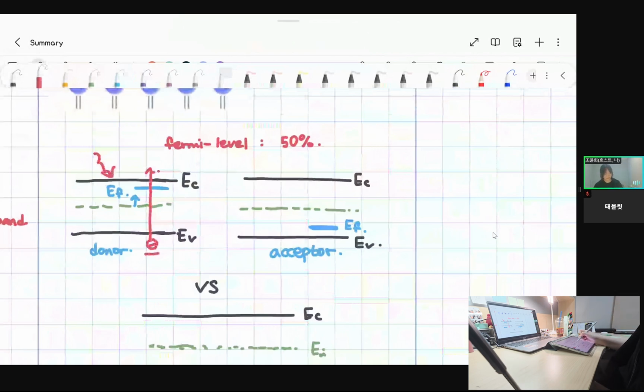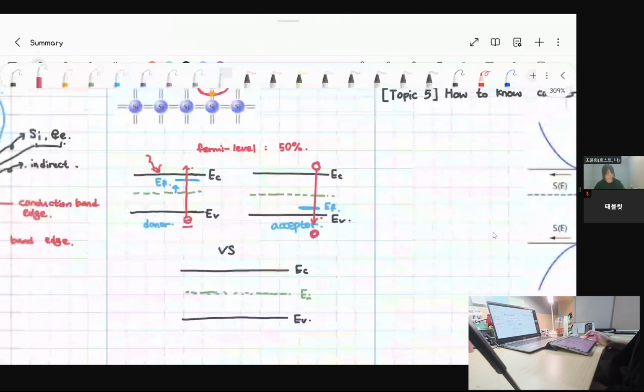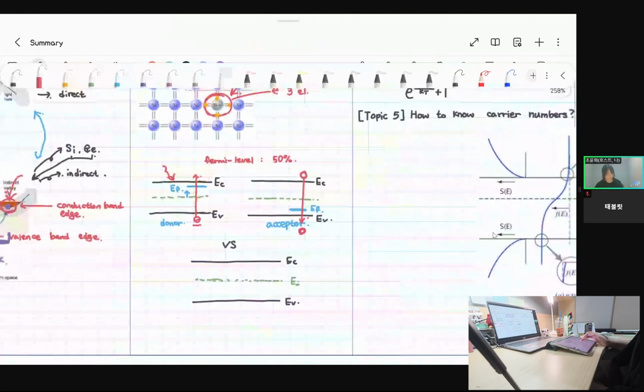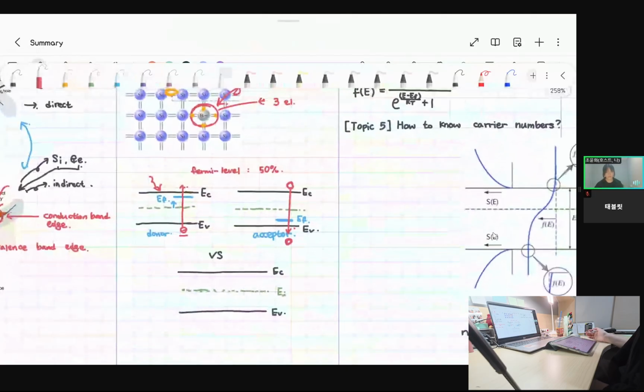The acceptor case is also the same. We can make a hole in the valence band, so we can make current flow more easily. So it is important to apply proper doping so that we can get higher quality semiconductors.